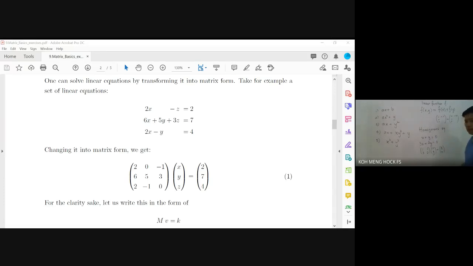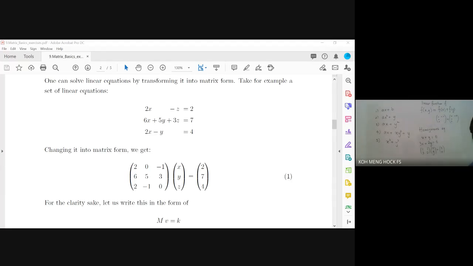Kishan says Ax equals 0. Very good. So linear function, linear equation. This is the definition. Homogeneous equation means everything on this side is zero.